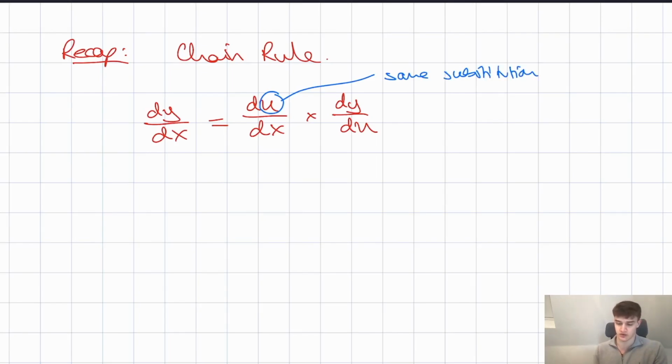And it's normally quite obvious. Normally you have some function of a function. So what do I mean by that?